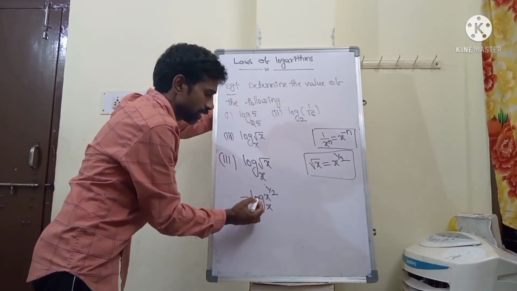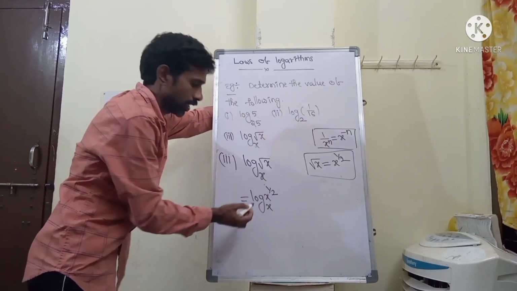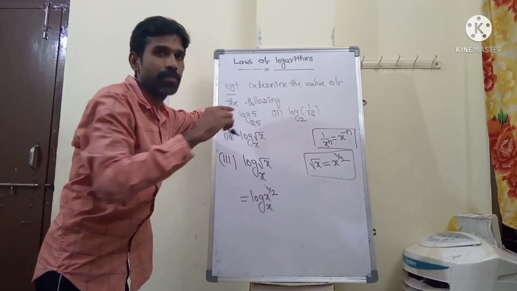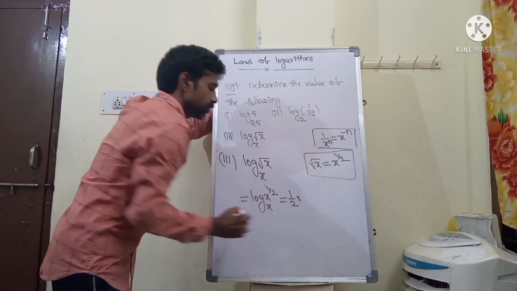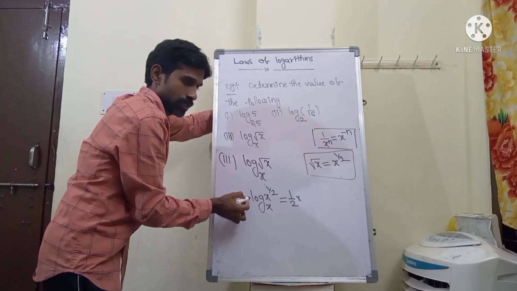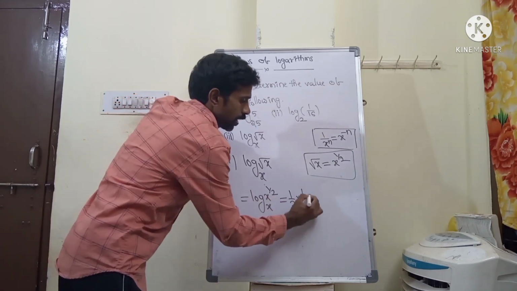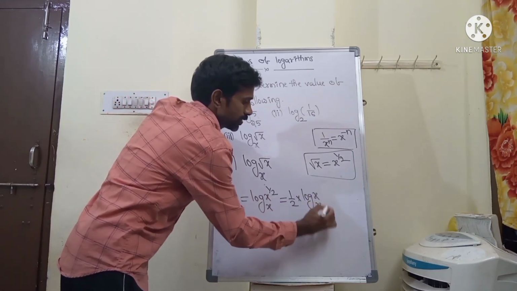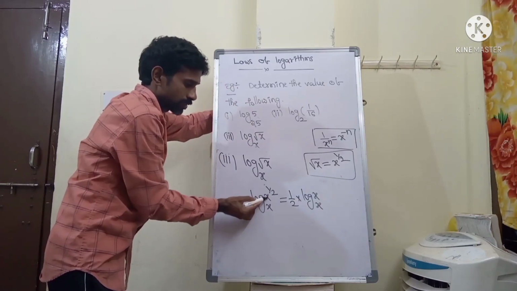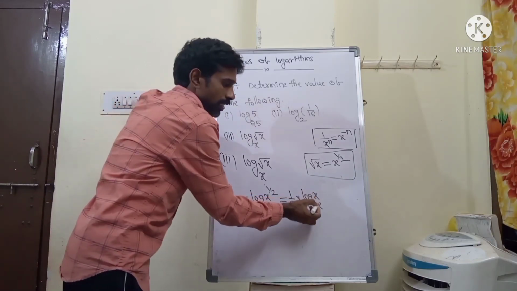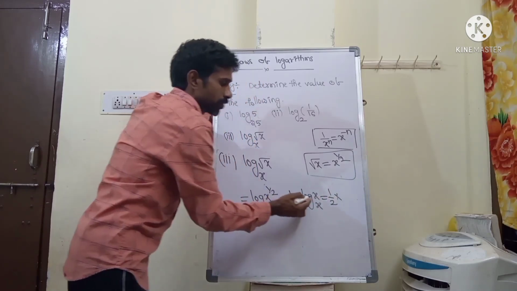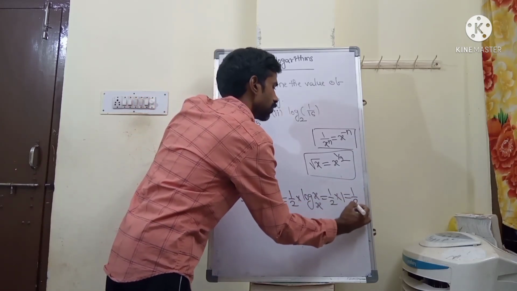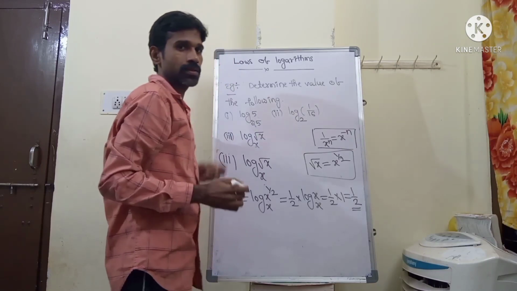Now log a power of m is m into log a. So m is 1 by 2, shifting this power here, 1 by 2 into log x to the same base x. Log x base x is 1. So 1 by 2 into 1, we get 1 by 2. So the answer is 1 by 2.